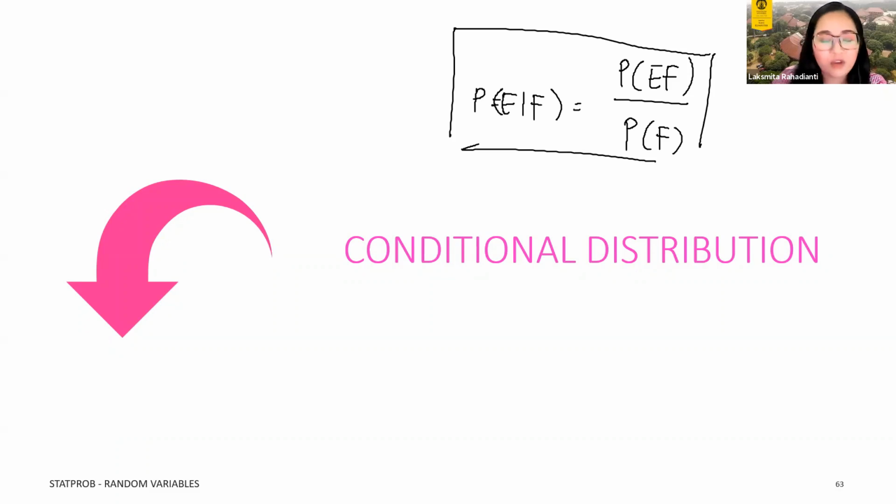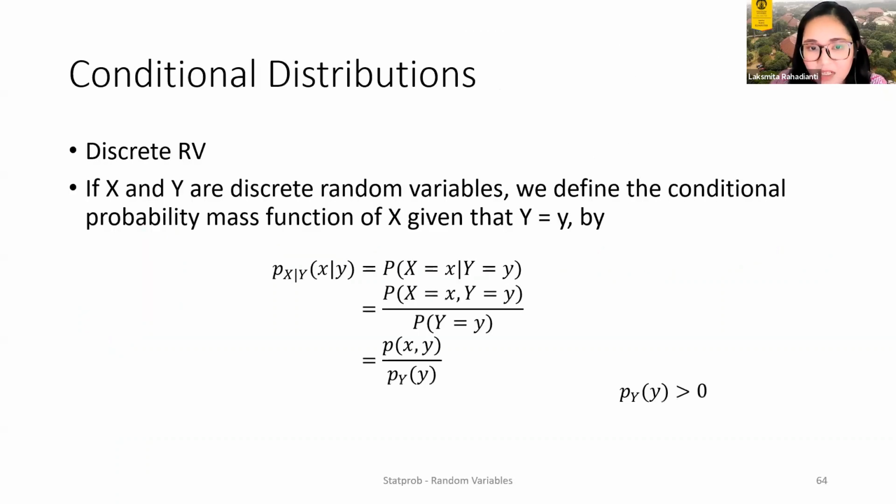So even using random variables, it is the same. Watch here. What's the PMF of X given Y? It equals the probability of X equals a value given Y equals a value, which equals the joint probability on top divided by the probability of Y, since Y is the sample space.